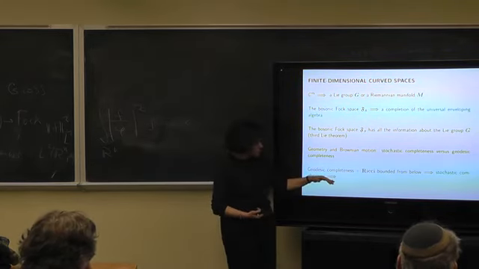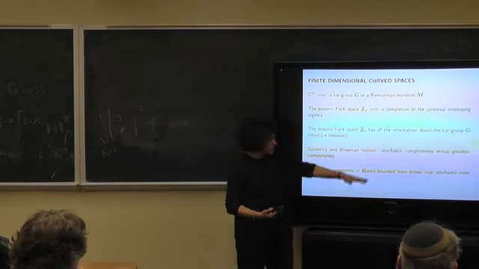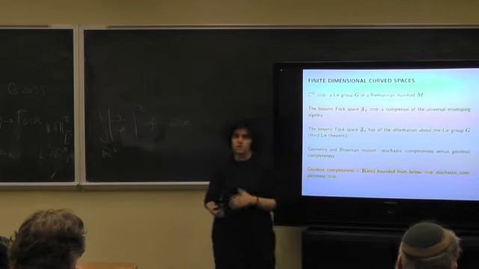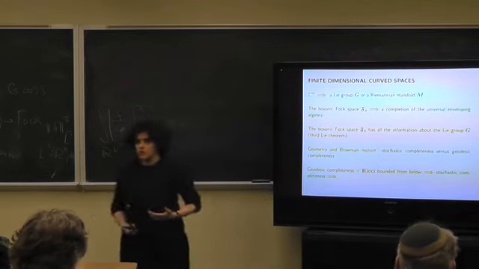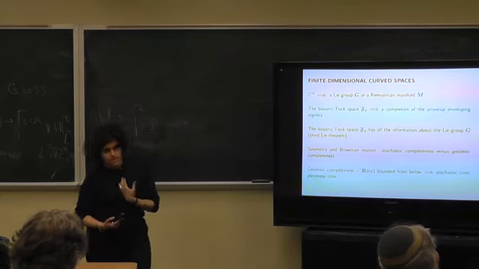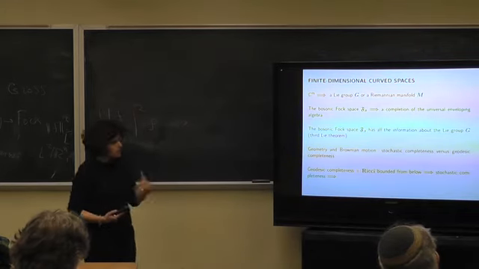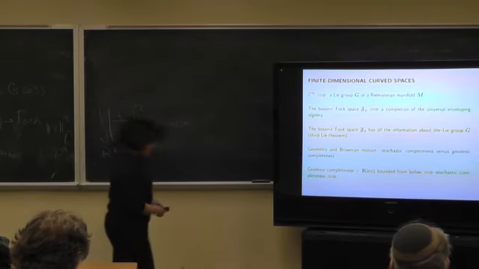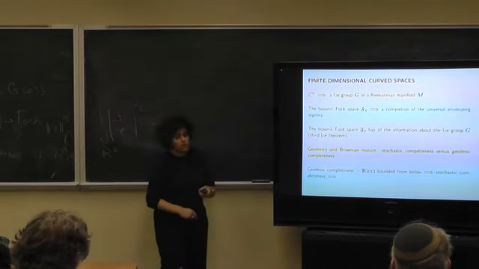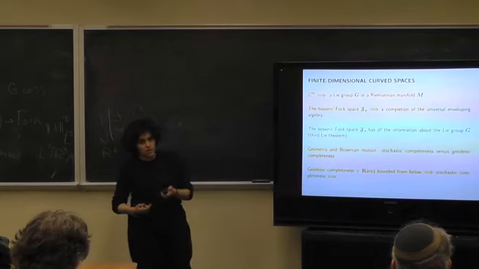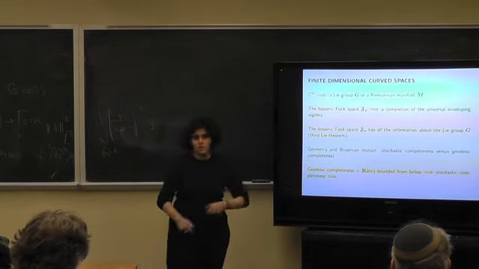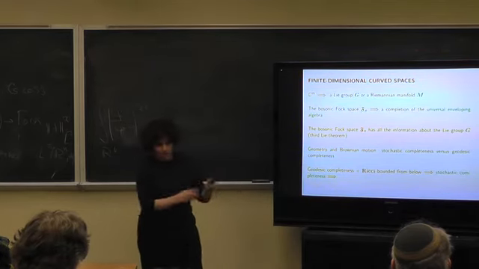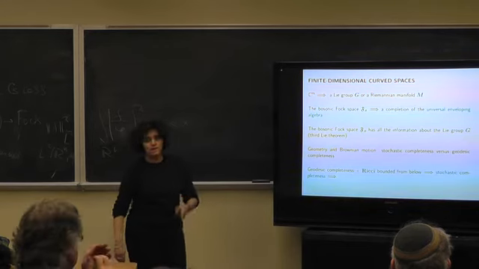For example, if you have a complete manifold and you know that the Ricci curvature is bounded from below, you know that it's stochastically complete. There are other conditions, but Ricci is probably more applicable in this infinite dimensional setting, and that's why I'm going to talk about it. I'm not going to give you all the other conditions that you might have.